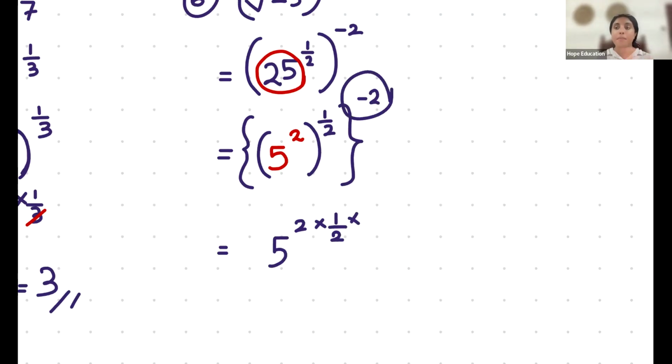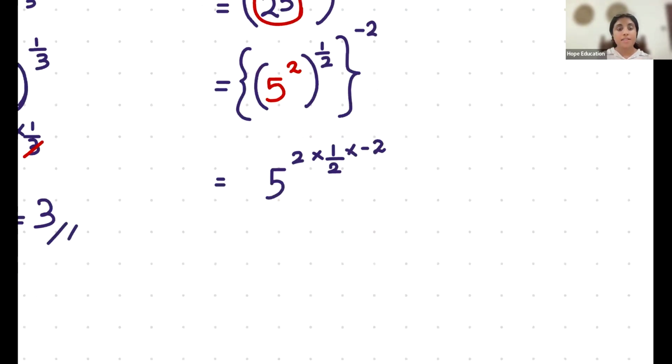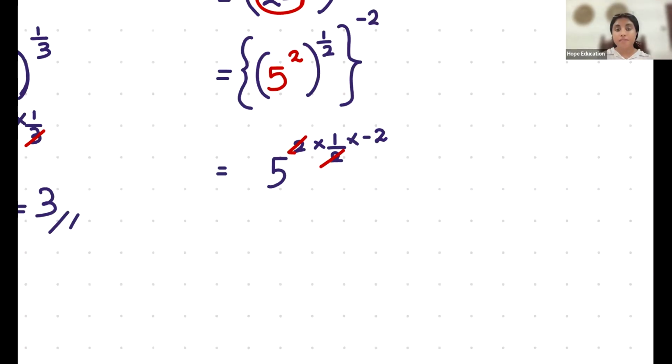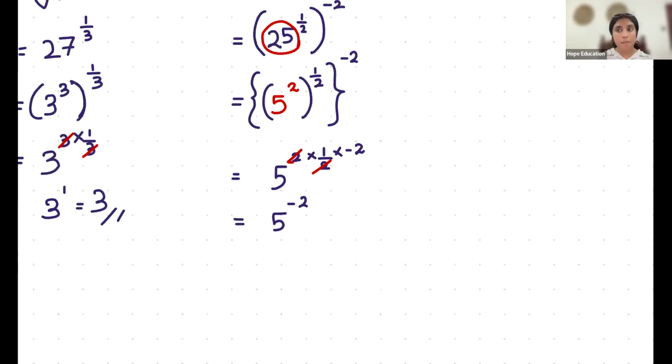Because all powers are separated by brackets, when I remove brackets, I can straight away multiply the powers. As you can see, 2 and 2 cancel වෙලා. What I have remaining is 5 to the power minus 2. Up to that point, did you all understand? 5 to the power minus 2. Okay.